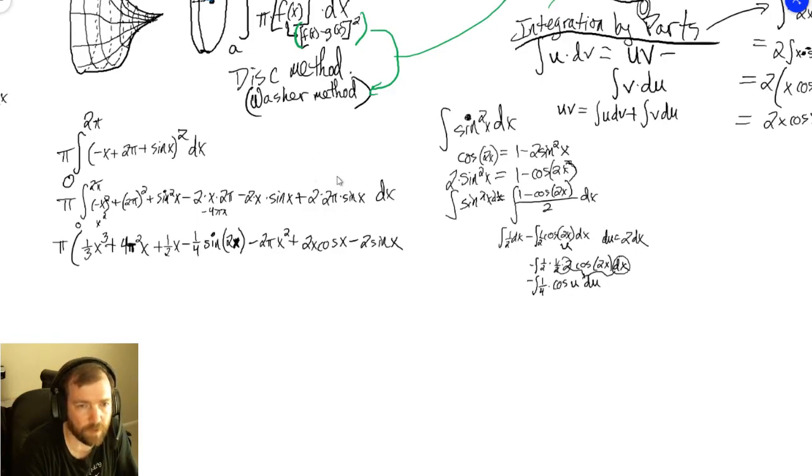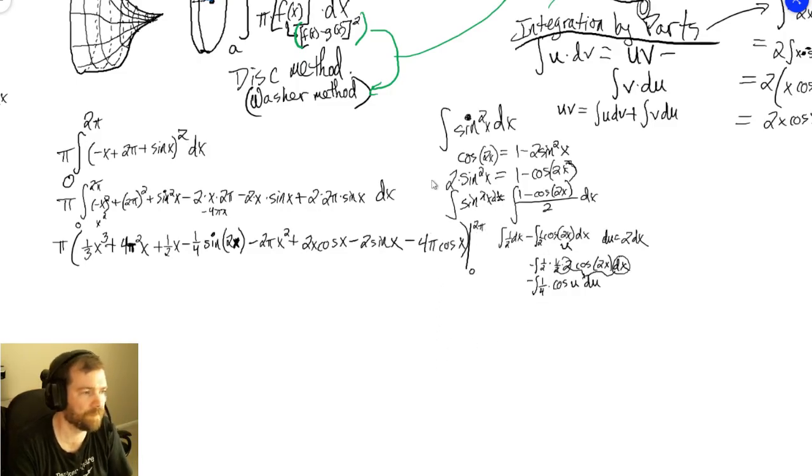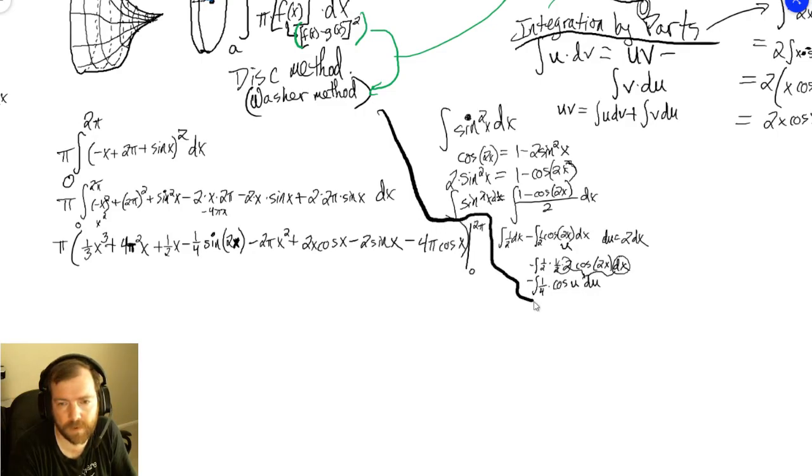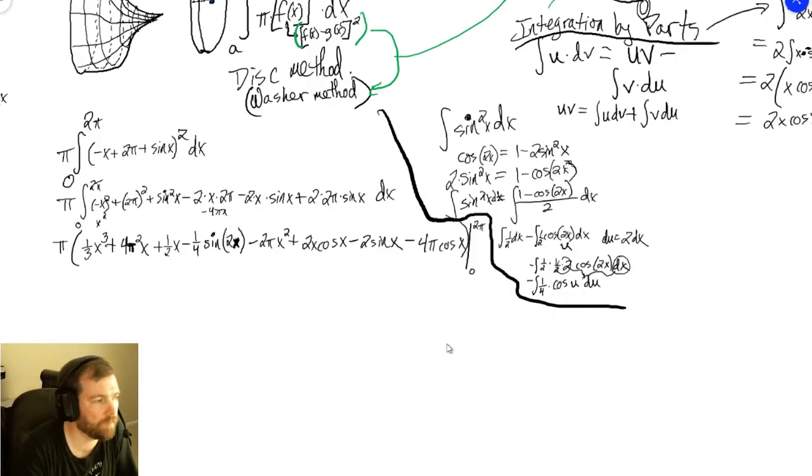And then we're taking the integral of 4 pi sine of x, which is going to become a negative 4 pi cosine of x, evaluated from 0 to 2 pi. Okay, so this is the volume of this Hershey Kiss looking thing.